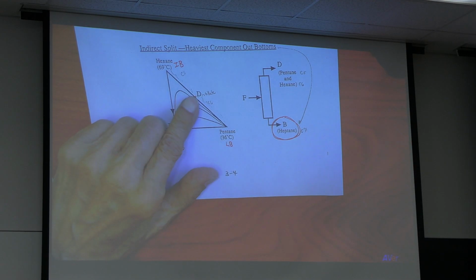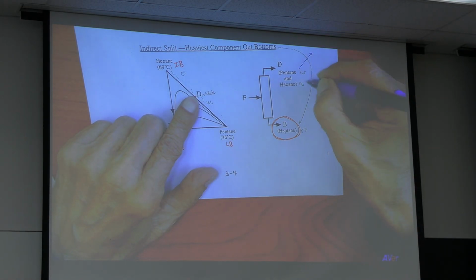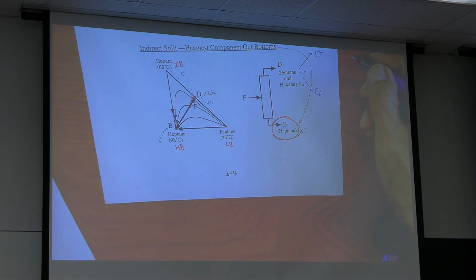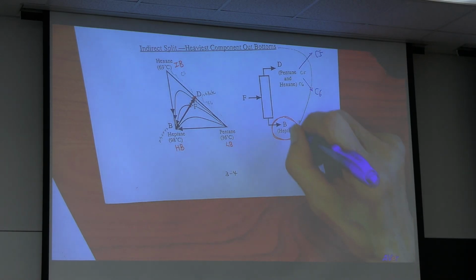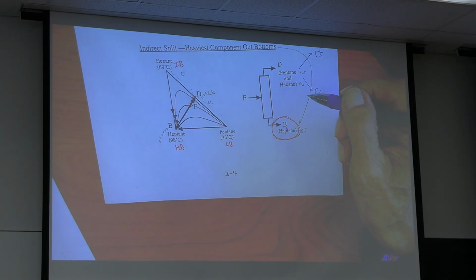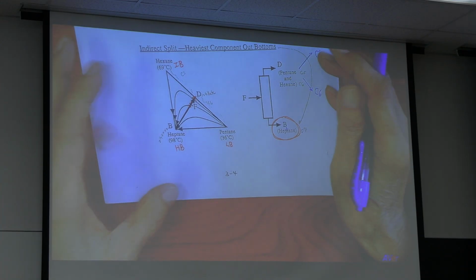This way, you can get another column, carbon 5, carbon 6. This is called indirect split, getting the highest boiling component bottom first. Okay?